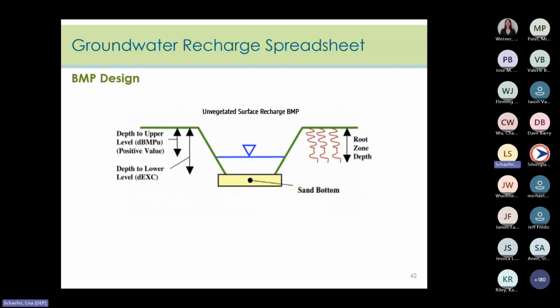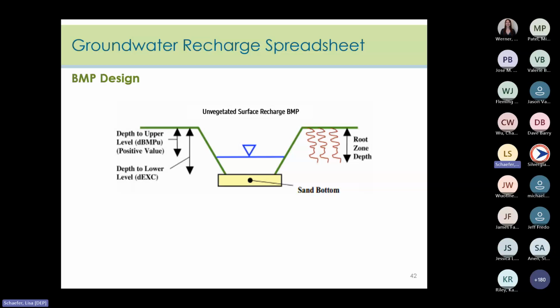This figure shows another scenario where the bottom of the BMP is not vegetated. That represents infiltration basins and sand filters designed to infiltrate. In this scenario, the vegetated ground level is the ground level surrounding the BMP. dBMPU is the vertical distance from the vegetated ground surface to the maximum water surface level in the BMP, and in this scenario it's positive since the vegetated ground is above the maximum water level.